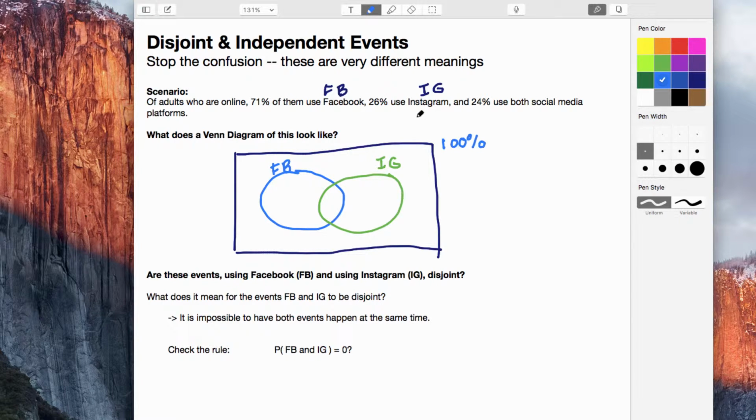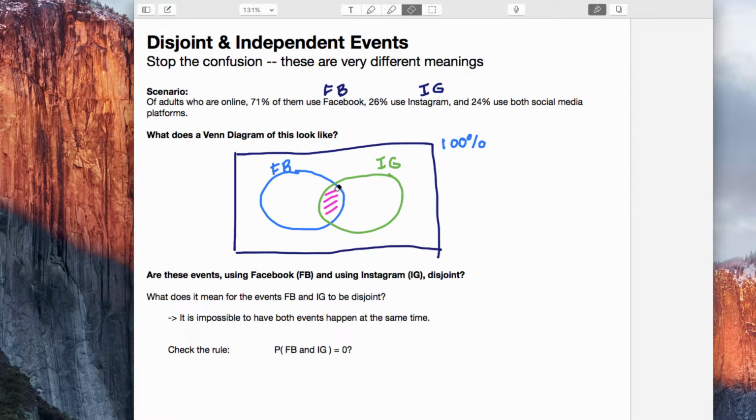Typically, Venn diagrams aren't drawn to scale. Then there's this overlap right here. Everyone who's in that blue circle are adults online who use Facebook, and everyone in that green circle represents adults online who use Instagram. And then there's this overlap section in the middle because there are 24% of people who use both.